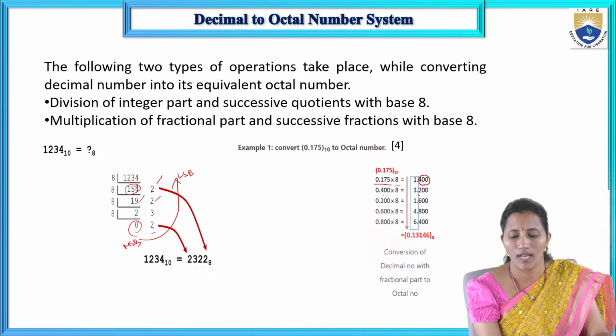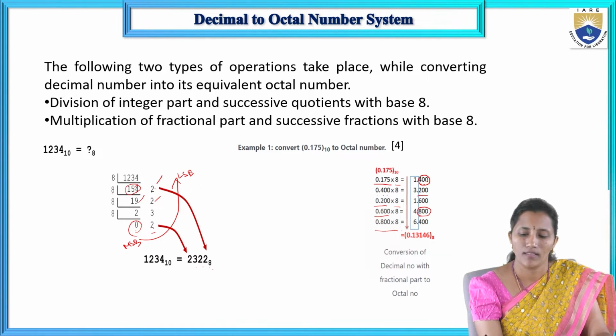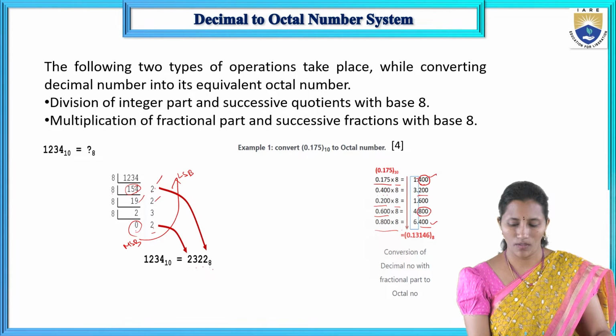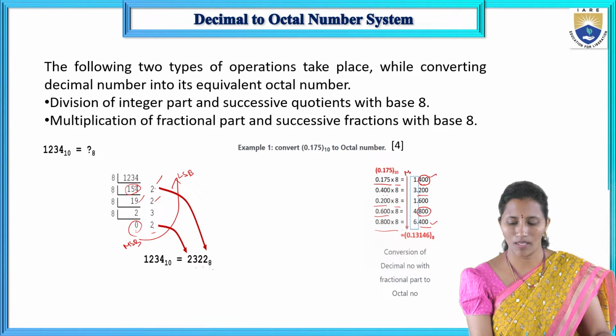The fractional part is 0.200, again multiplied by 8 gives 1.600. 0.600 into 8 is 4.800. Only consider this fractional part and multiply by 8, and see that the first one is 400 and the last fractional part is also 400. So stop here and write down the integer values of these numbers: 1, 3, 1, 4, 6. This is the MSB bit and down is the LSB bit. Write down in serial order 1, 3, 1, 4, 6.